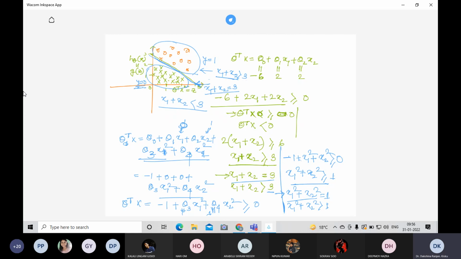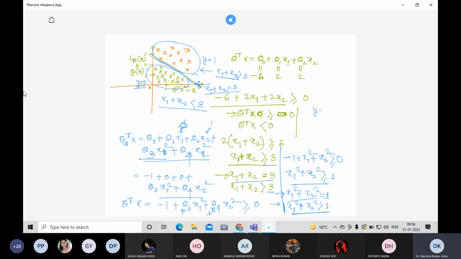And the points which fall outside of the circle will have the equation x1 square plus x2 square greater than 1. This representation infers that the points which fall outside the circle will have the positive class.